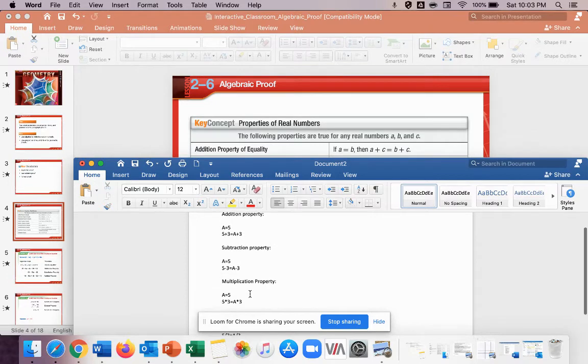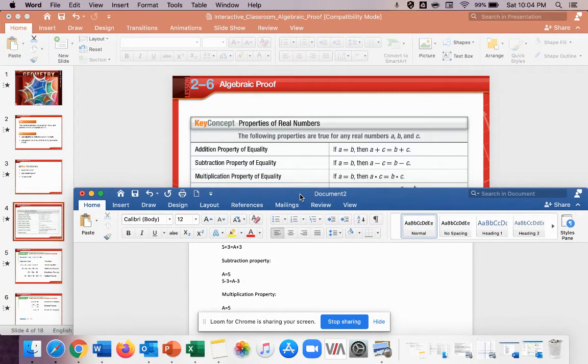Subtraction property, same thing. If A equals 5, then 5 minus 3 equals the same thing as A minus 3. Try to think of A as 5 hats that Alpha has. If you subtract 3, it's the same thing as 5 minus 3. Then there's the multiplication property.